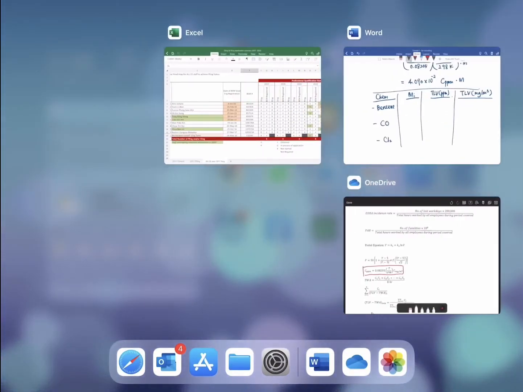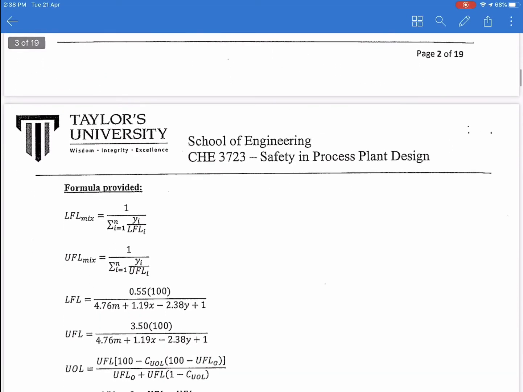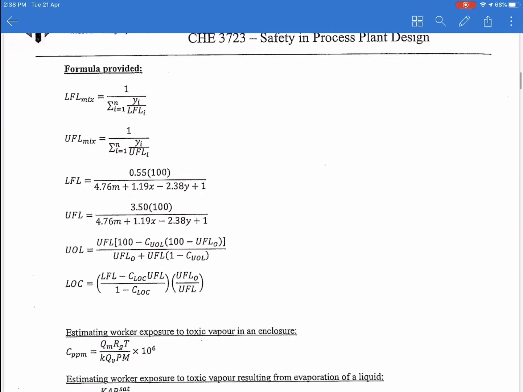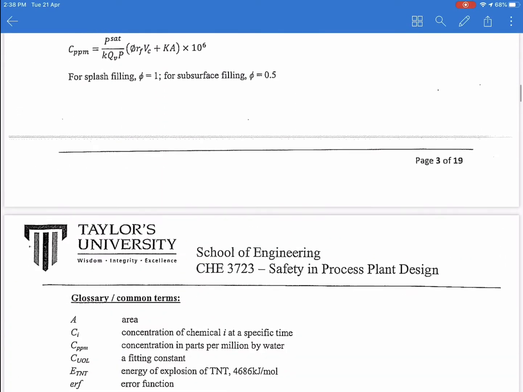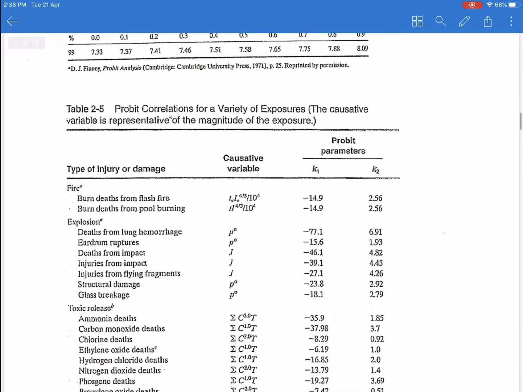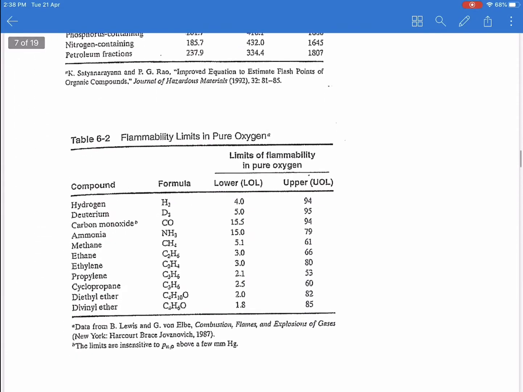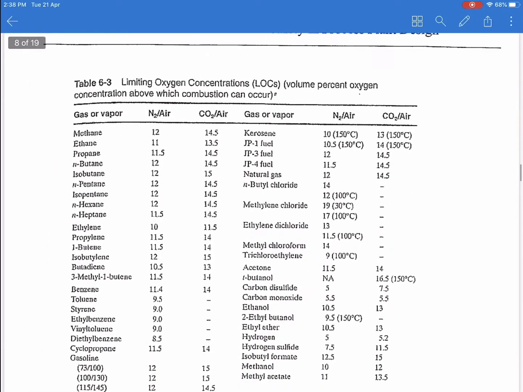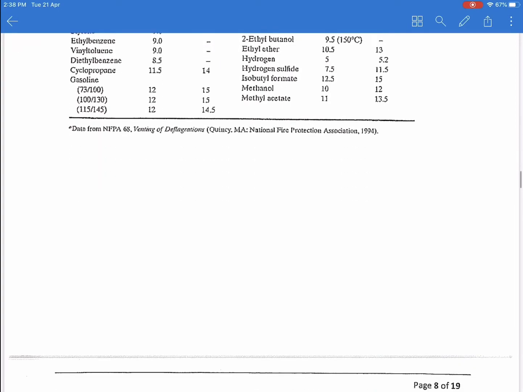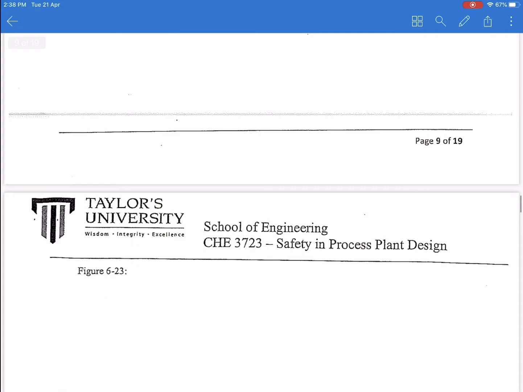Scroll all the way down until you find the threshold limit value data. So this is 2.4, 2.5. No, this is probably equations. We have a lot of data in this booklet. That is why I'm asking you to get yourself familiarized with the data here, so that you know where to get your data.